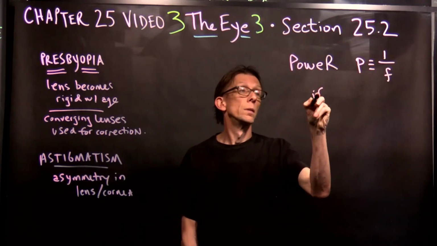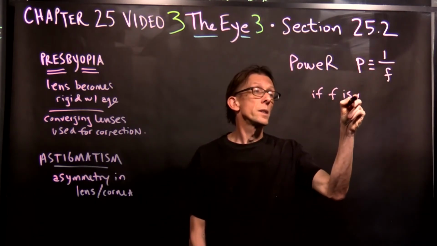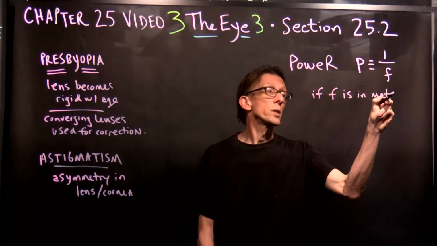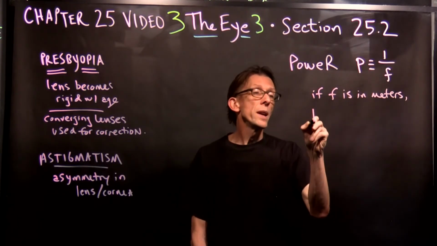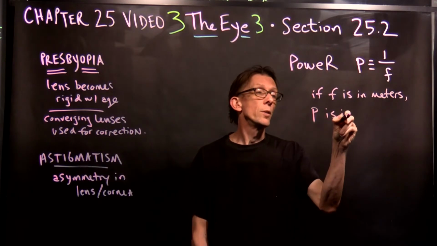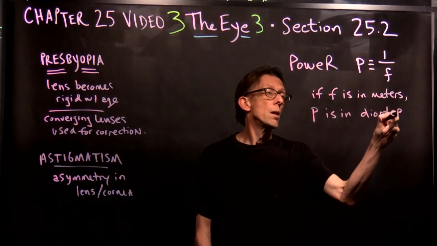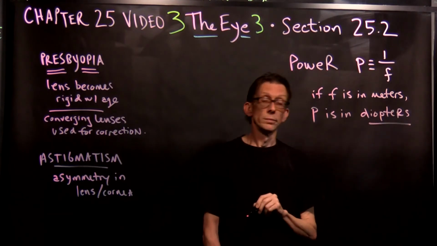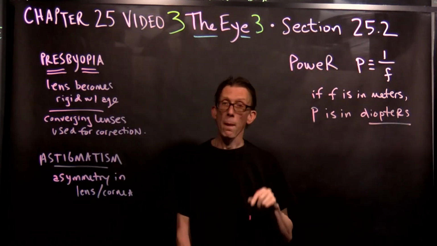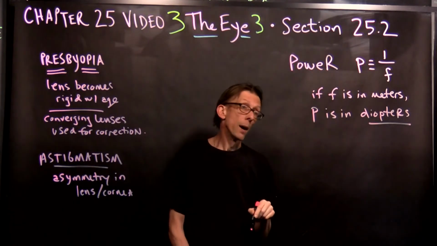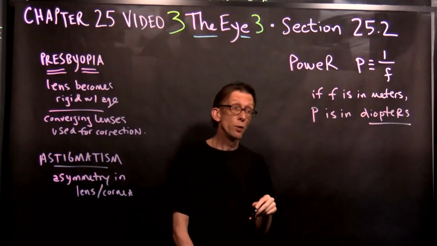So if F is in meters, P is in a unit called diopters. Funny word, diopters, but there it is. P is in a unit called diopters.